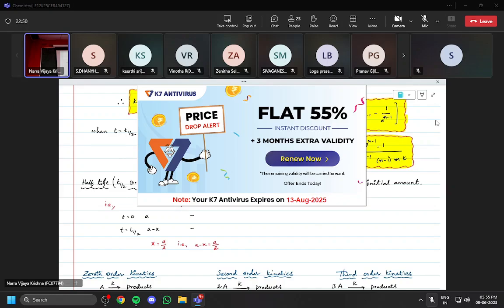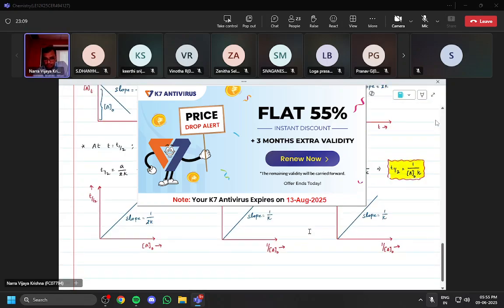Here again 2, so 2k a naught square. Numerator 3. So what do you get? T half equal to 3 upon 2k a naught square. Right?